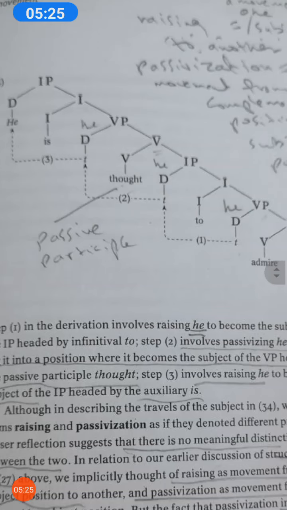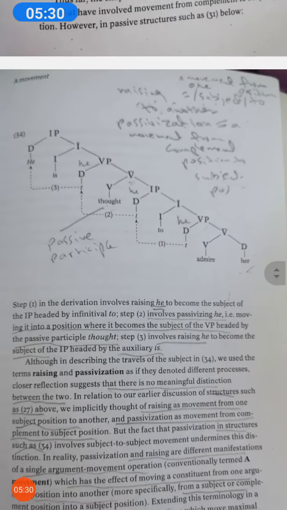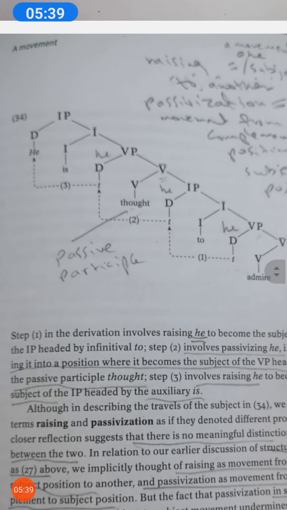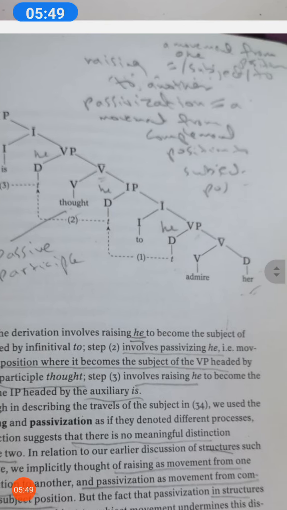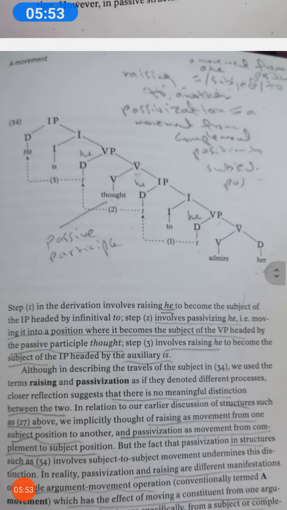By the way, we have another type of passivization. You see, as in this example, in diagram number 34: He is thought to admire her. Here you see that we have another type of passivization.